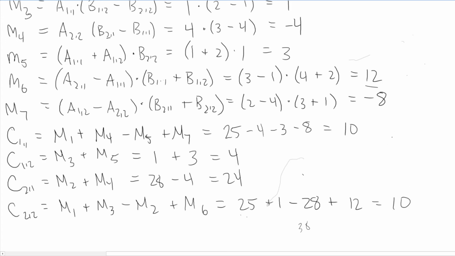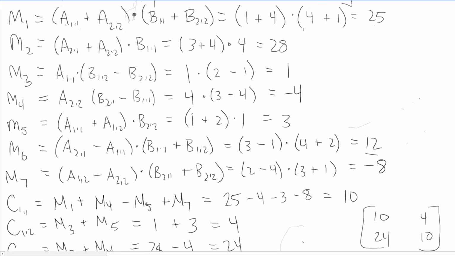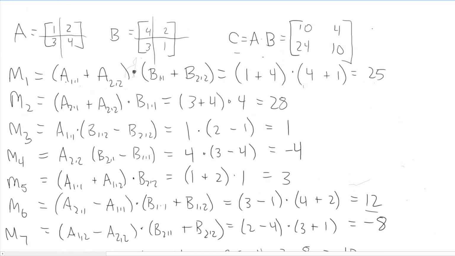So sure enough, the matrix that Strassen's algorithm tells us, the resulting matrix, will be 10, 4, 24, 10, and checking that against our previous answer that we already calculated, we can see that that is indeed correct. What we've just done here isn't really a proof of correctness of Strassen's algorithm.